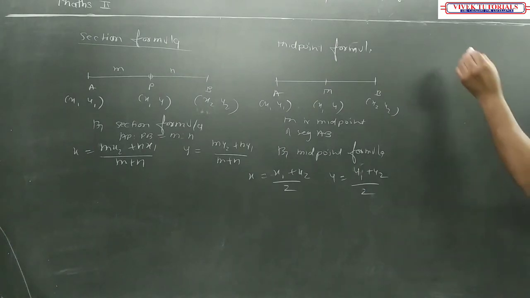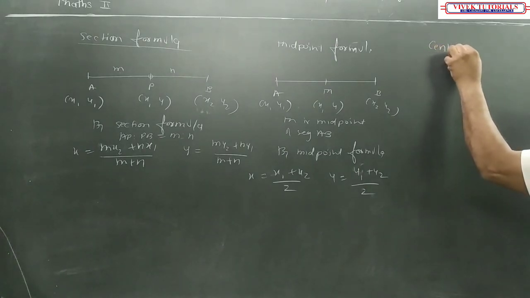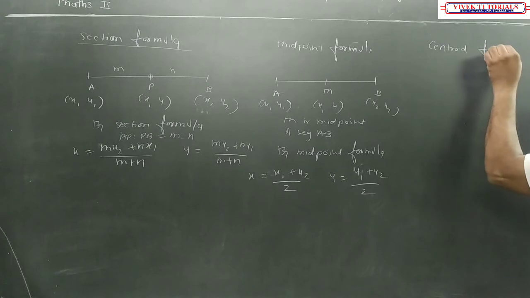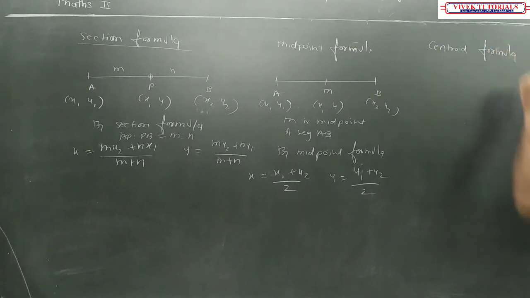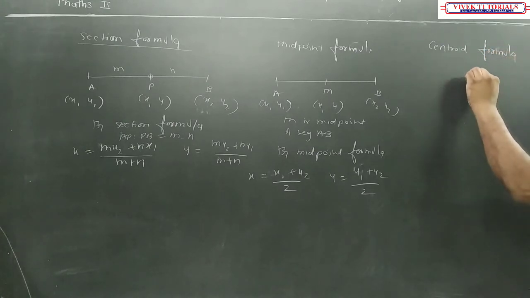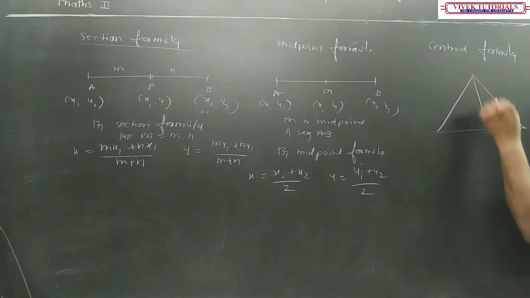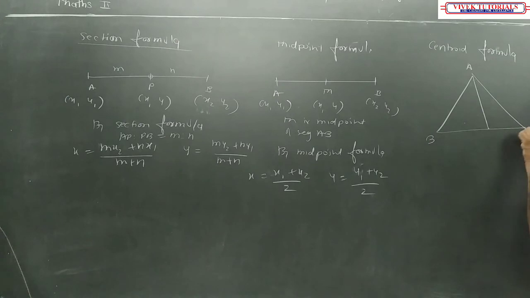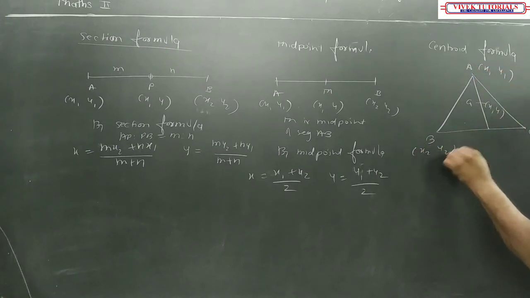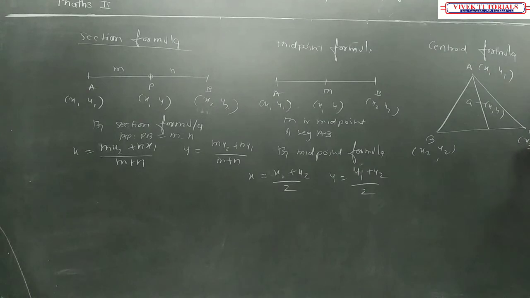And the last one is the centroid formula. This is triangle ABC. G is the centroid, whose coordinates are x, y. The vertices are x1 y1, x2 y2, and x3 y3.